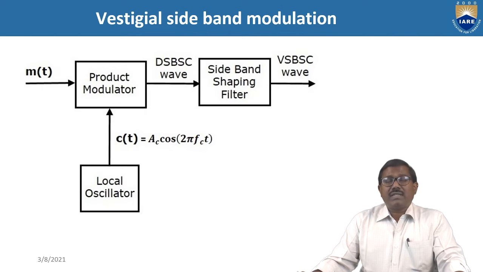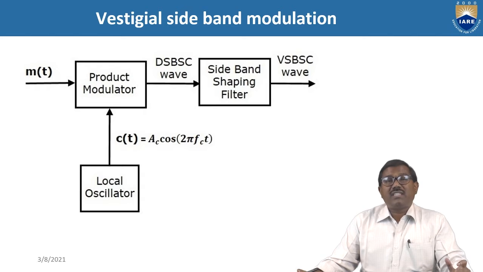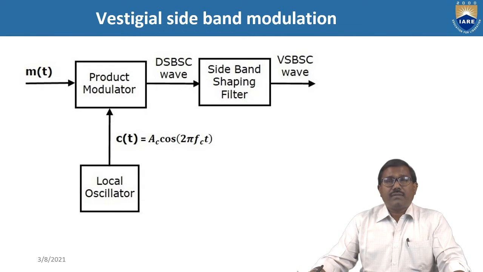Already we discussed the time domain description of VSB, where we use this sideband shaping filter and its transfer function. We applied some mathematical operations, and finally we obtained the time domain description of VSB.